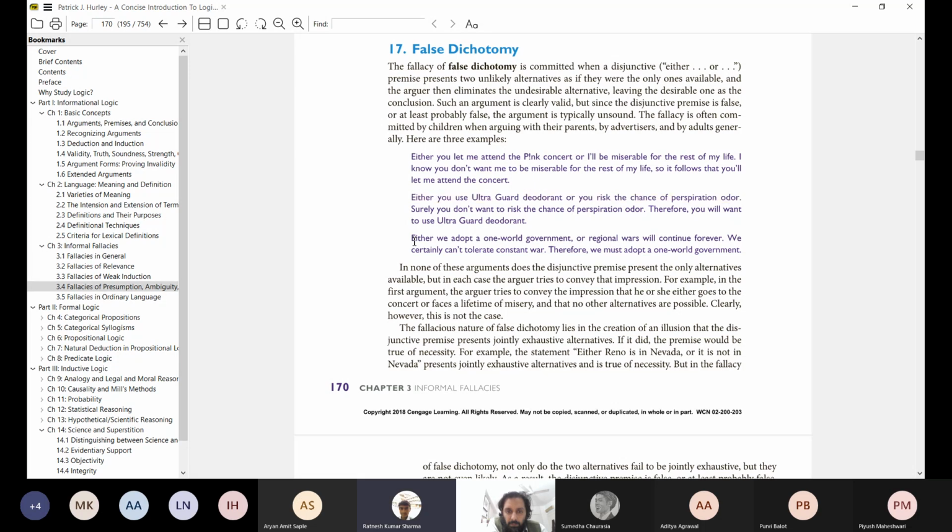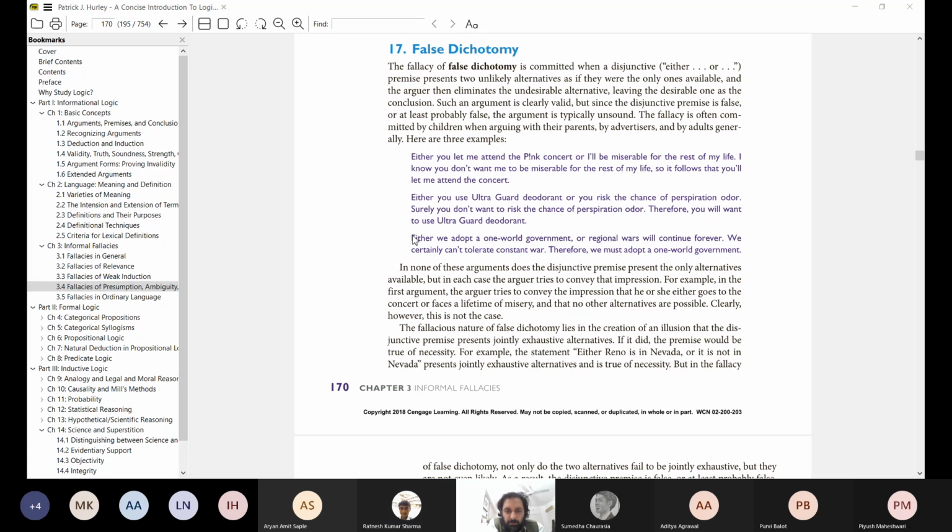Yes, sir. Either we adopt a one world government or regional wars will continue forever. We certainly cannot tolerate constant war. Therefore, we must adopt a one world government. It's an interesting moment to be discussing this argument, the war in Ukraine.